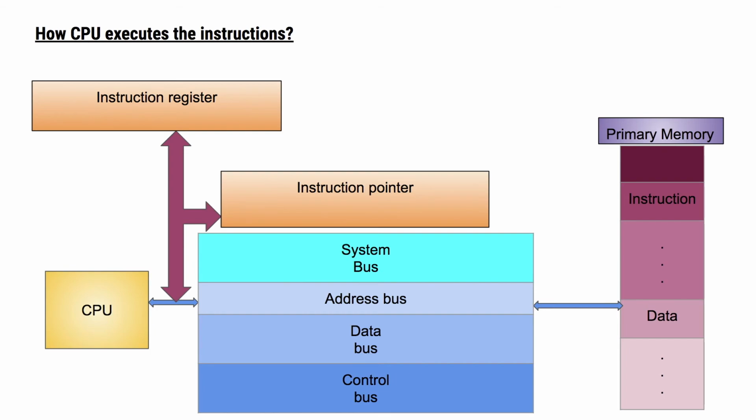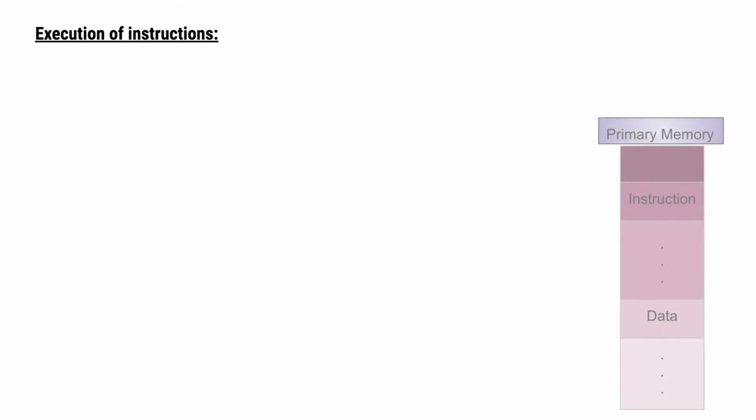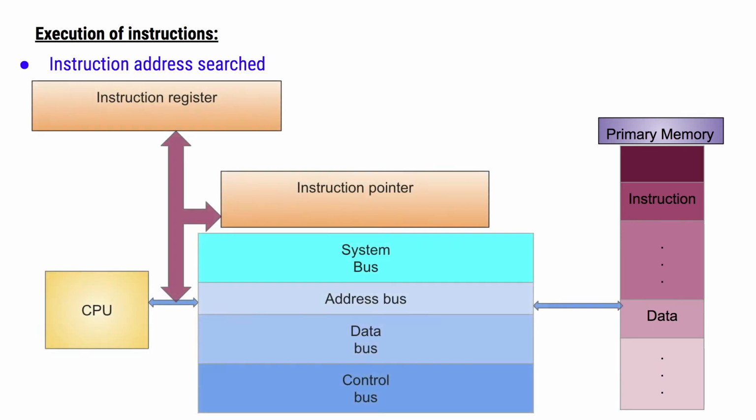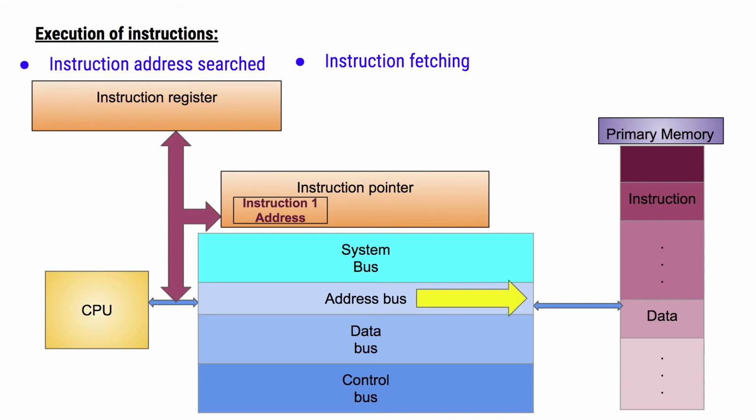The following steps are taken while the execution process is done for instructions. Starting from a sequence of instructions stored in memory first. The first instruction is searched from the memory and the address is found, and after finding it, this is copied to the instruction pointer. The CPU then starts the instruction fetch process by sending the address within the instruction pointer to the memory on the address bus and sends a read signal through the control bus.